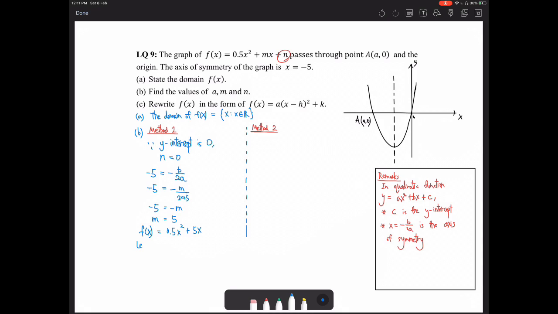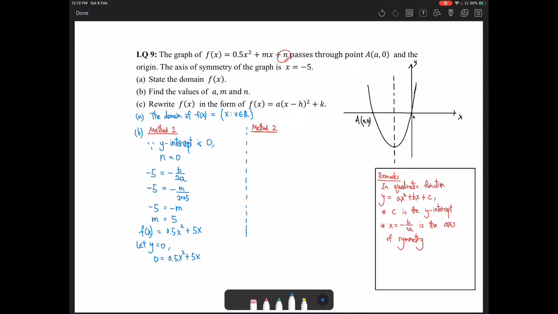So let f of x be 0. Then we have 0 equals 0.5x squared plus 5x. Now we can solve this equation.